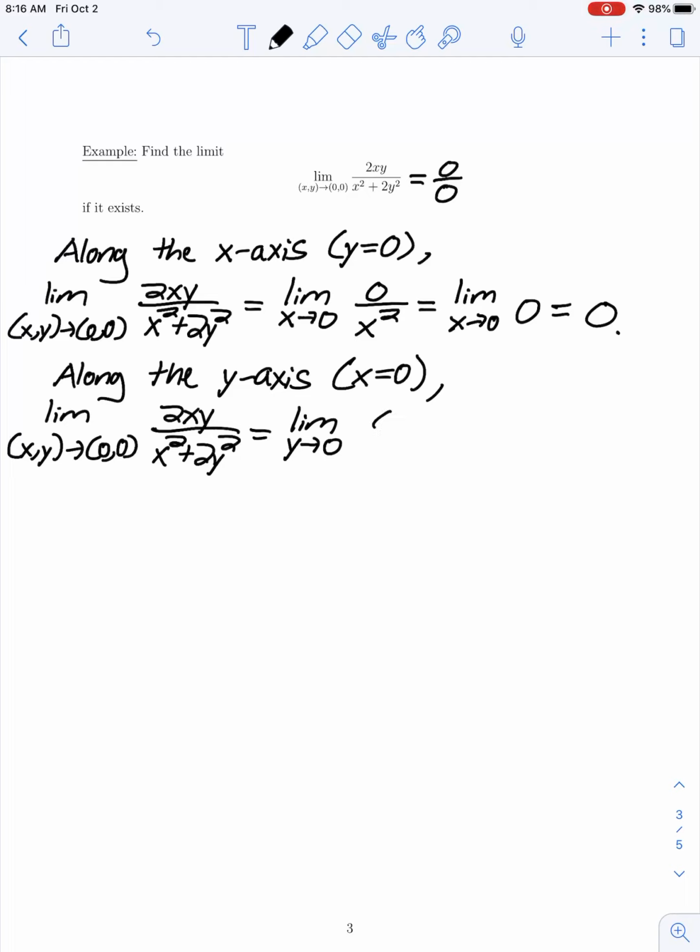And setting x equal to 0 in our function, we have 0 over 2y squared. And as long as y is non-zero, which it is not because we're only approaching 0 for this limit, we would have the limit as y approaches 0 of 0. And the limit of a constant value is equal to this constant, in this case 0. So we see that the limit as we approach the origin along the x-axis and the y-axis give the same value of 0.